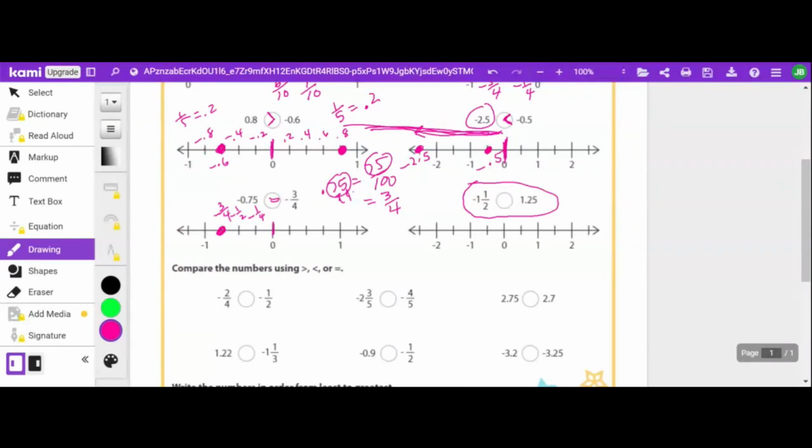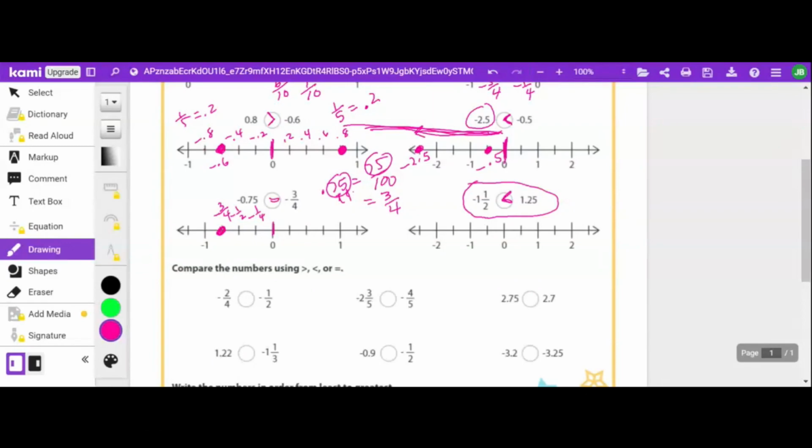That is true. But the thing you should notice is that one of those numbers is negative, the other number is positive. So without even looking at where they are on the number line, the negative number is smaller than the positive number. So I don't have to really even look on the number line. If I've got one number that's negative and one number that's positive, the positive number is going to be bigger.